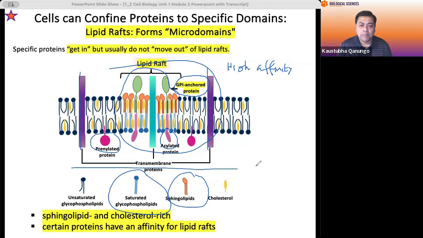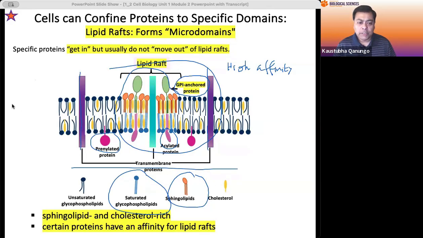So definitely remember that. A typical question asked is a little bit different though. One question can be, which of the following proteins have a high affinity for the lipid rafts? That's number one. Protein wise, you have GPI anchored protein, acylated protein, prenylated protein. These are the proteins. There are some specific types of lipids, which are the sphingolipids and the glycophospholipids. These are lipids, not proteins.